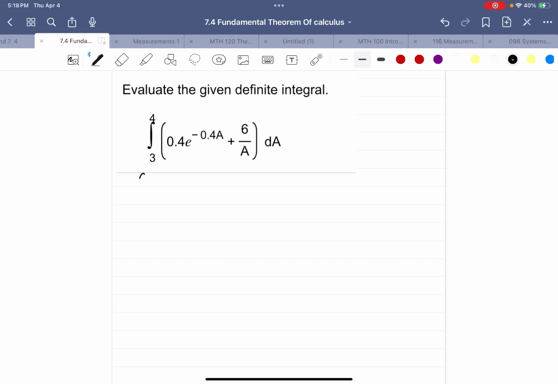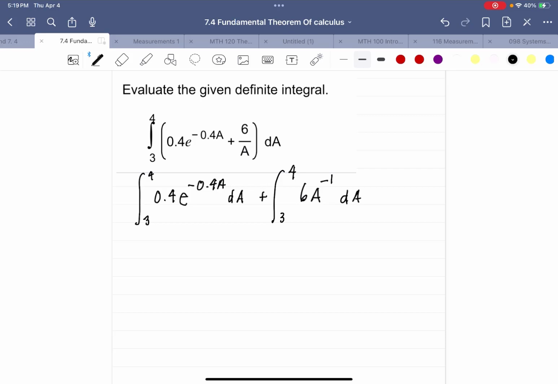So taking each part separately, the integral from 3 to 4, 0.4 e to the negative 0.4a dA plus the integral 3 to 4, 6 a to the negative 1 dA.